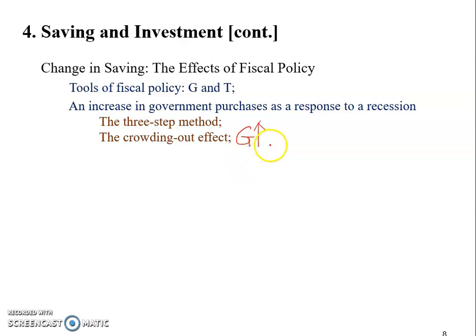And that leads to a decrease in national saving. Then we're going to see a shortage on the loanable funds market. So the real interest rate will go up, which eventually leads to a decrease in private investment.